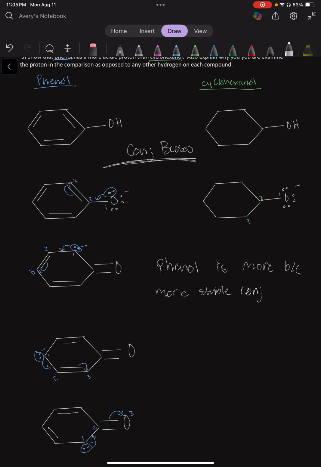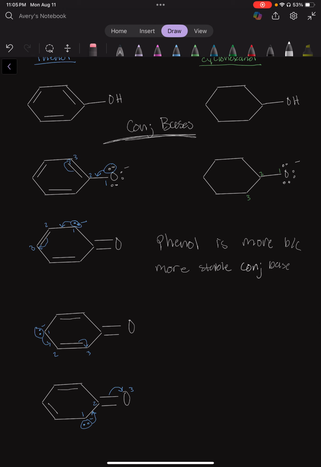The conjugate base is more stable because it's able to disperse that negative charge over more atoms, in this case every single atom in this molecule, and being able to disperse that negative charge makes it more stable because that energy is spread out in a sense.